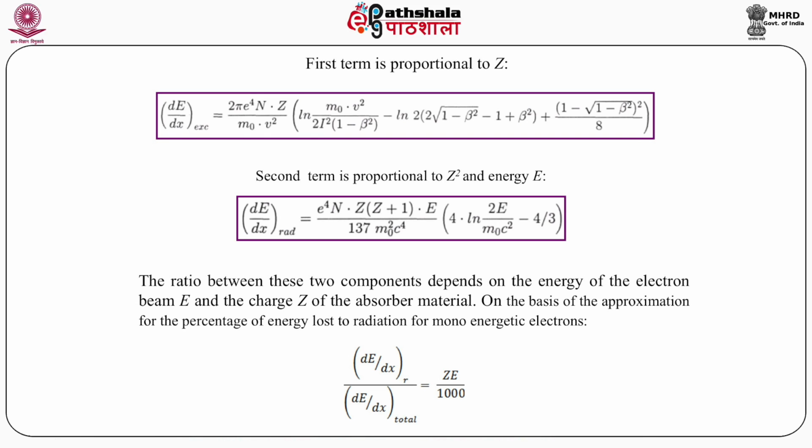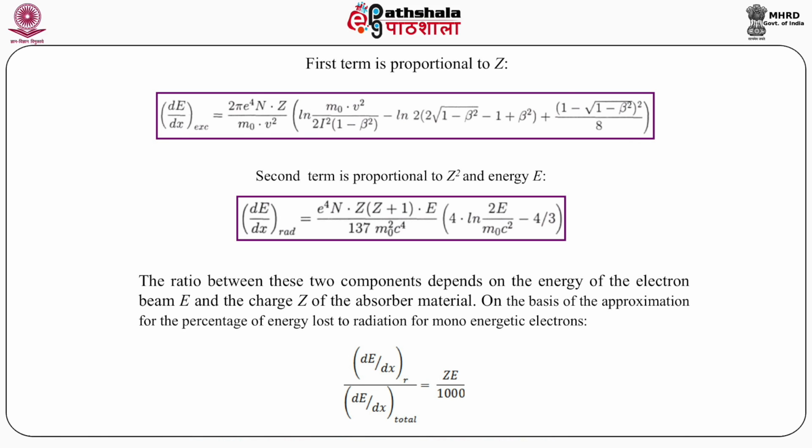The second term is proportional to Z square and energy E, which is dE by dx of radiative, given by this expression. The ratio between these two components, the first being energy loss due to excitation and the second energy loss due to the radiative process, depends on the energy of the electron beam E and the charge Z of the absorber material.